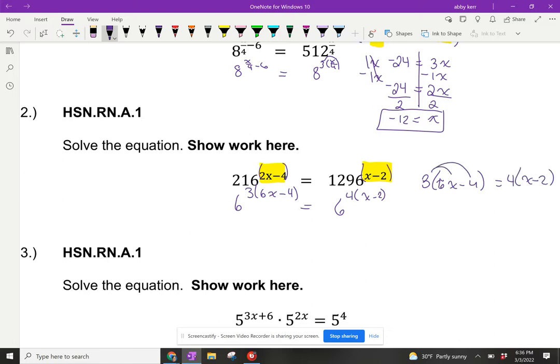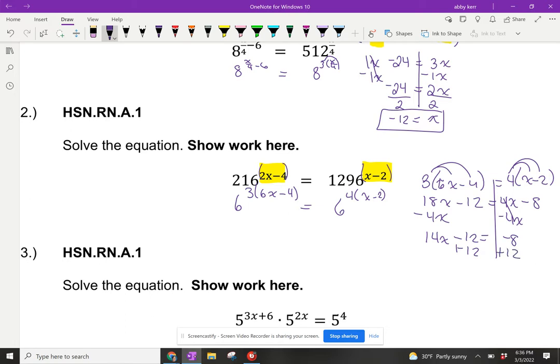I'm going to multiply. We got 18x minus 12 equals 4x minus 8. And then it becomes a problem where we have to move the variables over. So this gets us 14x minus 12 equals negative 8.